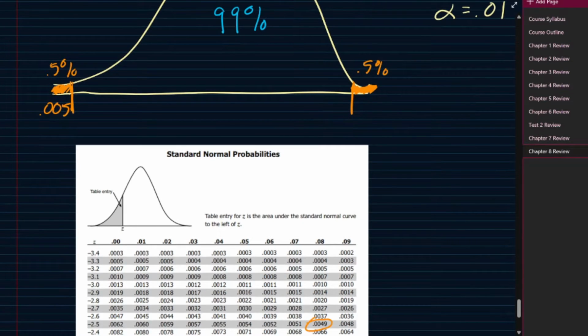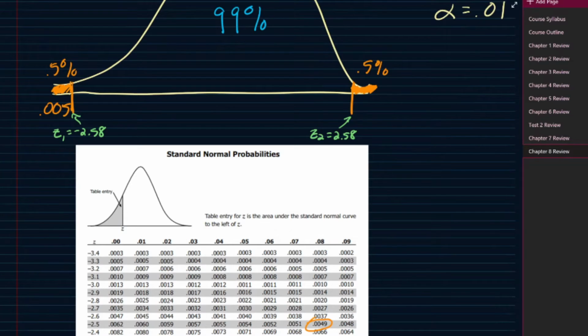So this value right here is a z value, I'll call it z1, of negative 2.58. The z value over here on the right is the positive of that. I'll call that z2. That's 2.58. It's the same value, just the positive version.